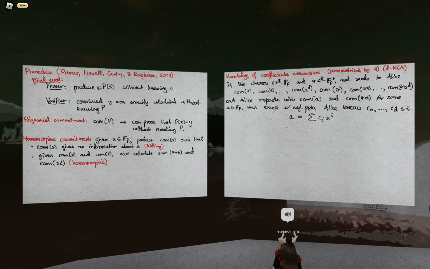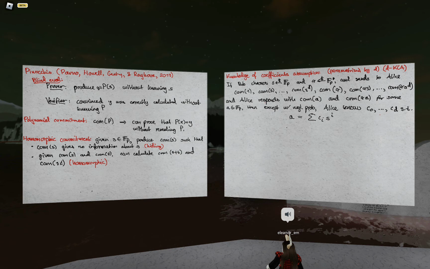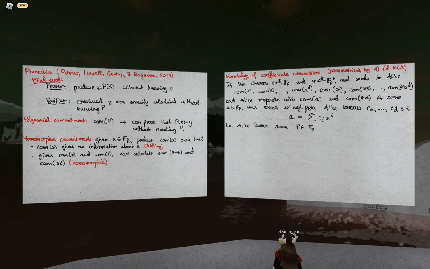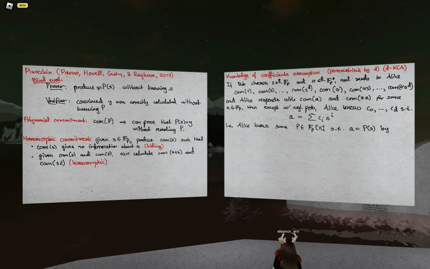In other words, Alice proves that she knows some polynomial P in the polynomial ring such that A equals P of S. And what does Alice compute?